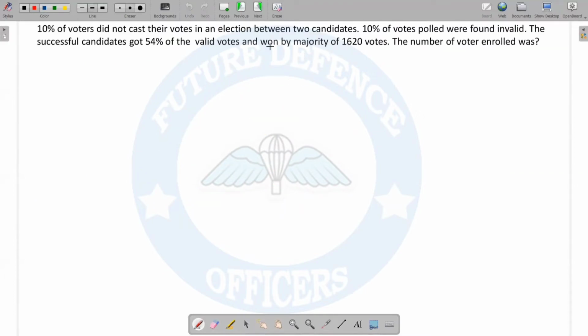Now we'll come to the actual question. 10% of the voters did not cast their votes in an election between 2 candidates. 10% of votes polled were found invalid. The successful candidate got 54% of valid votes and won by a majority of 1620 votes.